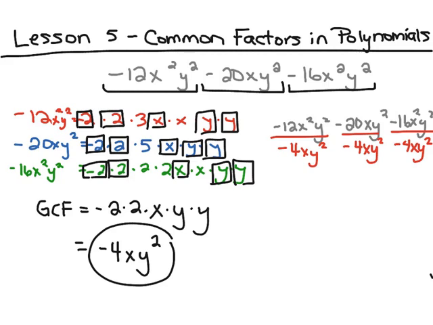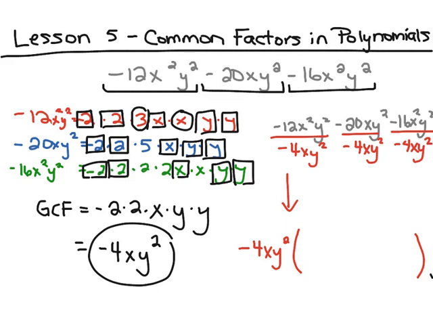Then we are going to write it as one multiplication sentence. So we have negative 4xy squared as the factored term in front. In the brackets, we will have what is left when you divide. A quick way for you to see this, if you've done it like I have, is anything that is left over will be what's left over in the brackets.